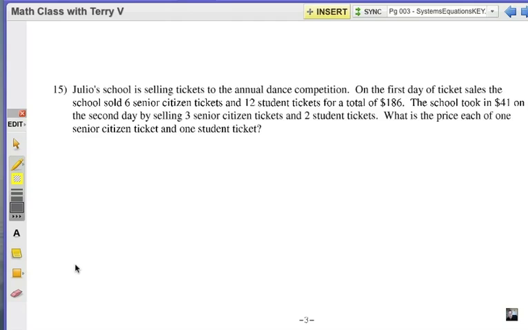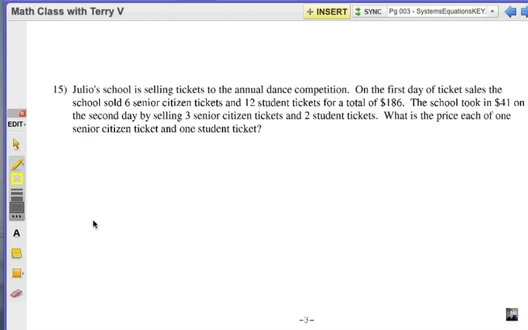Julio's school is selling tickets to the annual dance competition. On the first day of ticket sales, the school sold 6 senior citizen tickets and 12 student tickets for a total of $186. The school took in $41 on the second day by selling 3 senior citizen tickets and 2 student tickets.